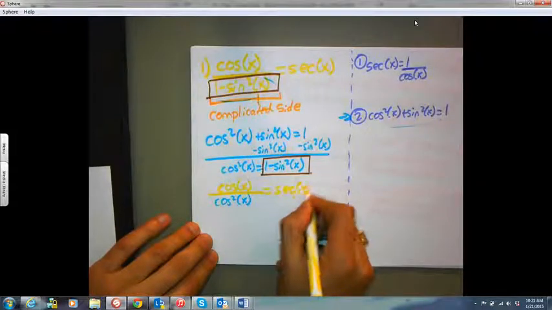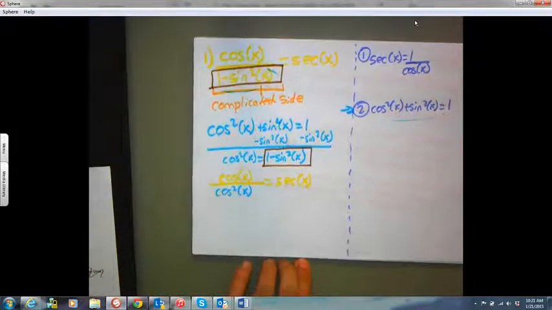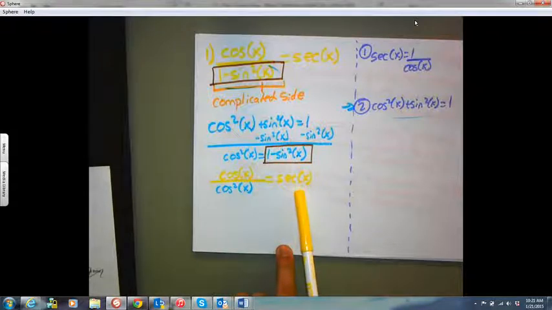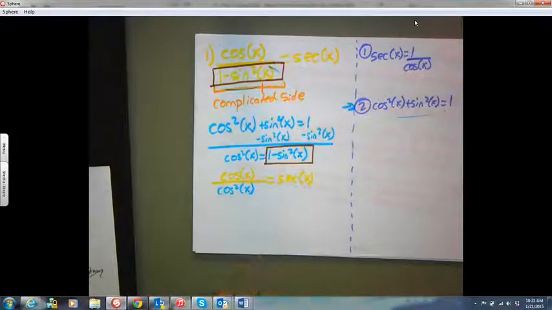What's the easy win here? What is the easy step? How can I simplify this more? Omar? It would be better to separate cosine squared into cosine of x times cosine of x. Okay.